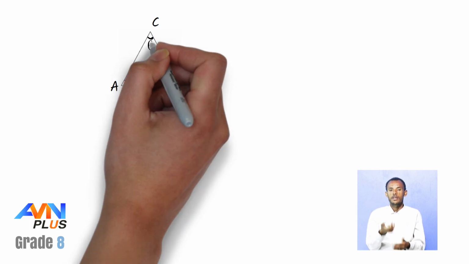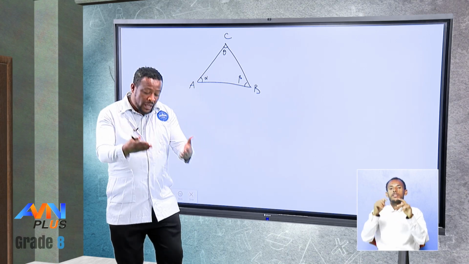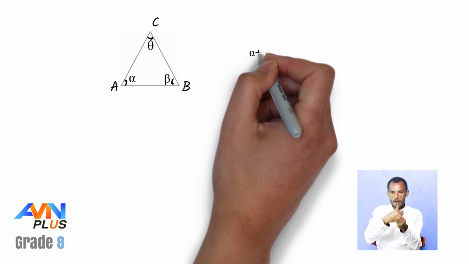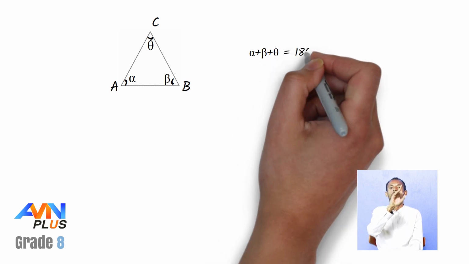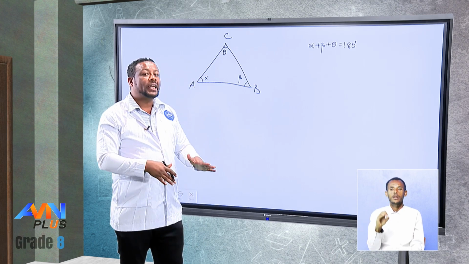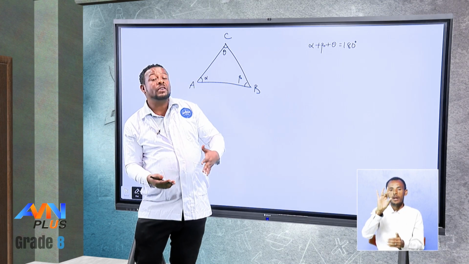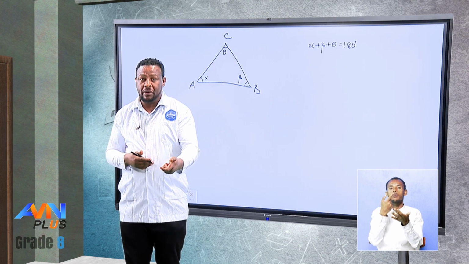Say these are the interior angles of this triangle, and we have proved that alpha plus beta plus theta is 180 degrees. You all know that the sum of the interior angles of a triangle is 180 degrees, but in our previous lesson, we have seen how this fact can be proved, right?